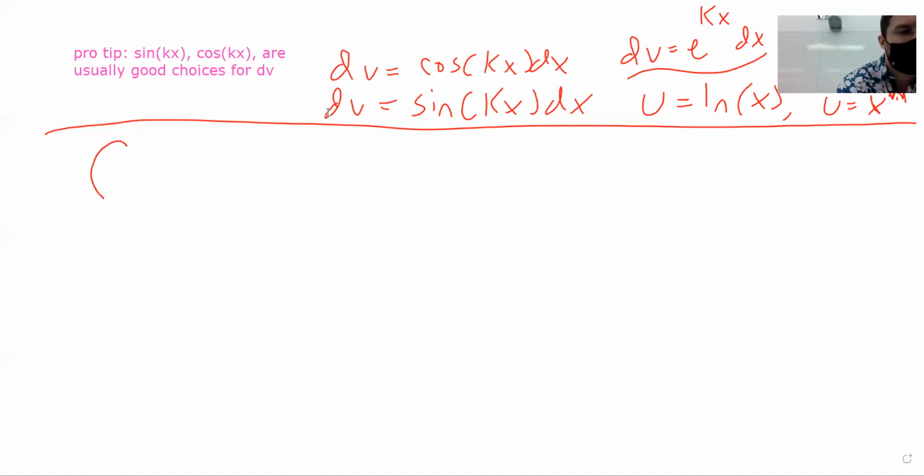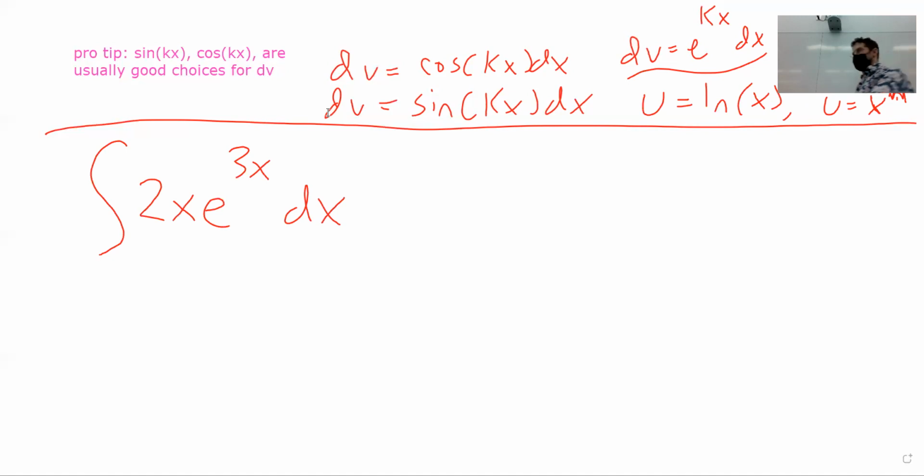Okay. Just real quick, let's look at the integral of 2x times e to the 3x dx. These integration by parts problems always start with choosing what is u, what is dv. So based on our very limited toolkit, what might be a good choice for u?